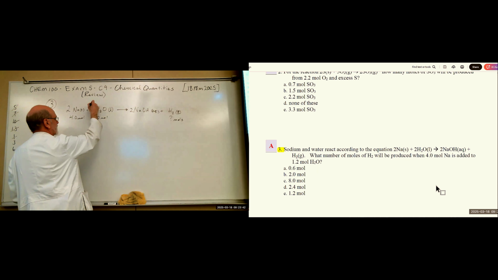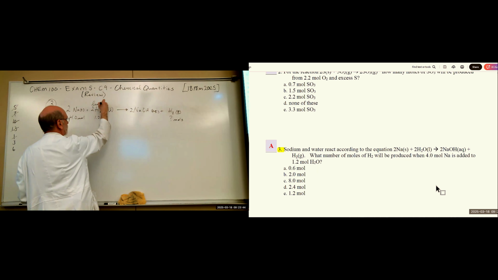We know that this one's going to be limiting. Right? And we know that we're going to have 2.8 moles remain. Now, that's not an answer to the problem. It's just easy to calculate.